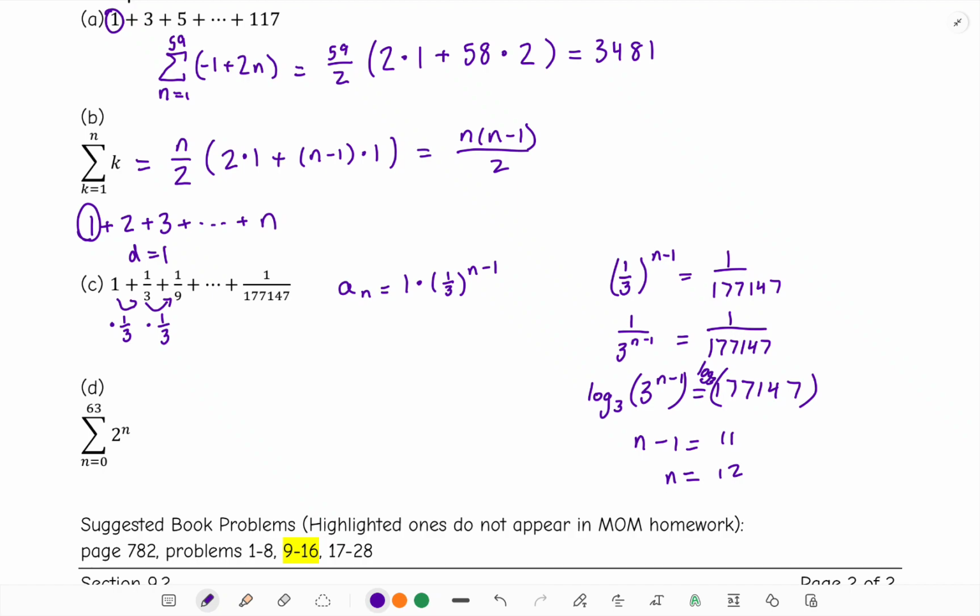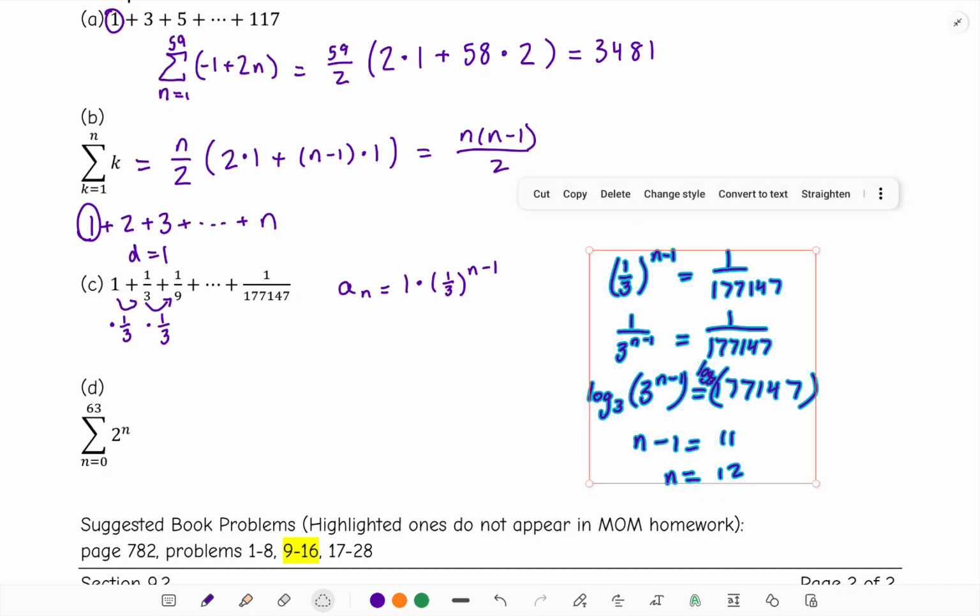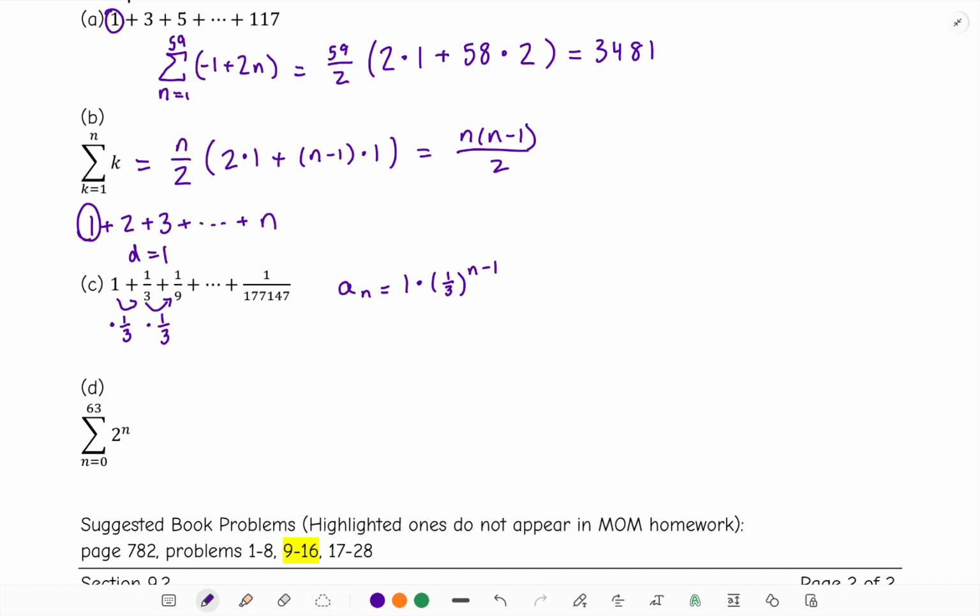Now the reason why that's important, and I'm actually going to erase it because I'm going to need this room back, is that n equals 12. Now when we do the sum, we're doing the sum of 1/3 to the n minus 1 from n equals 1 to 12.